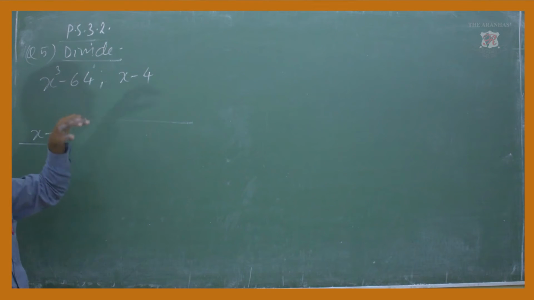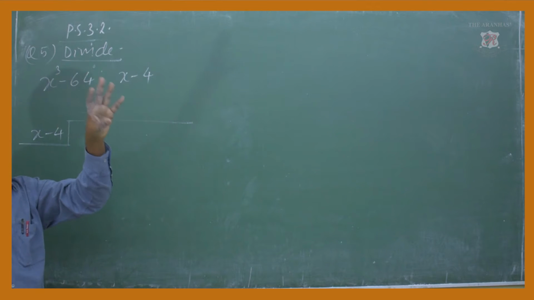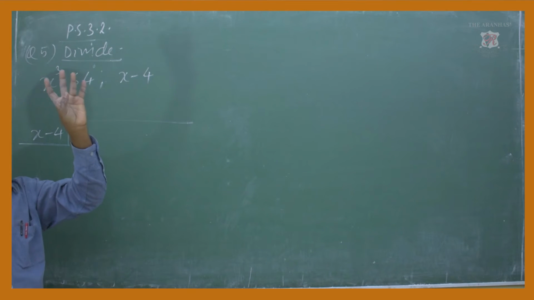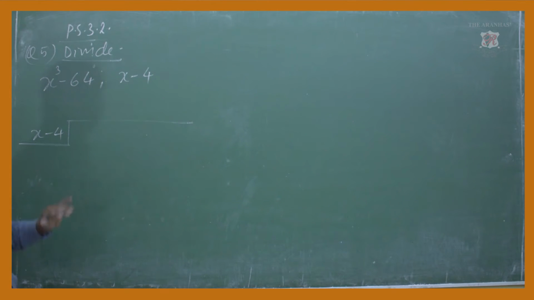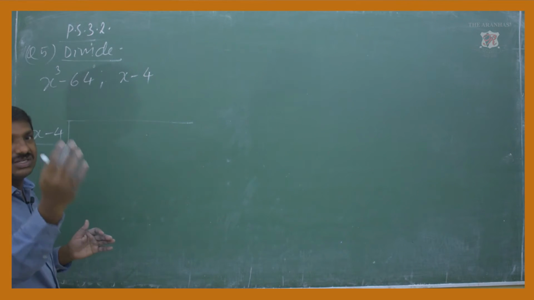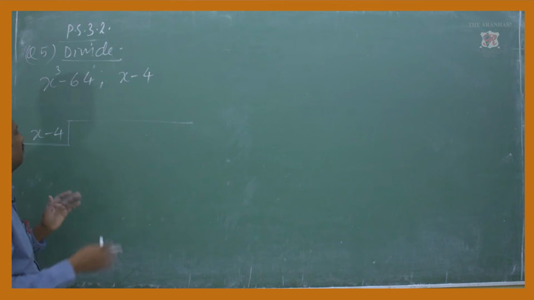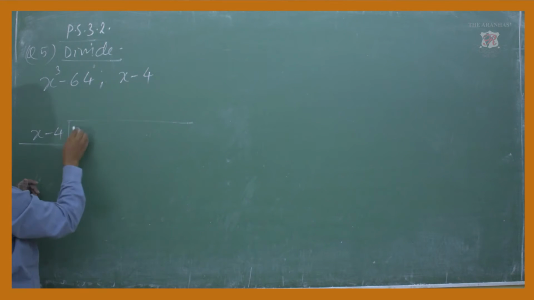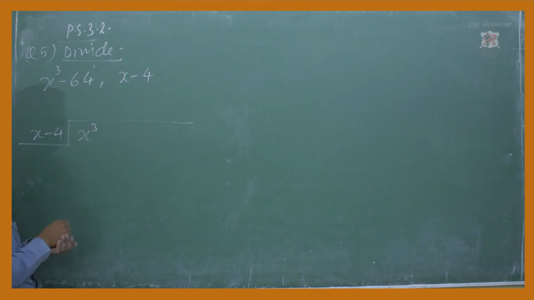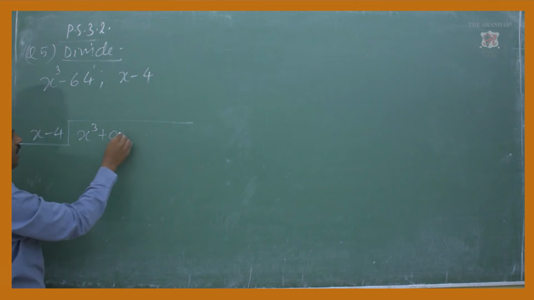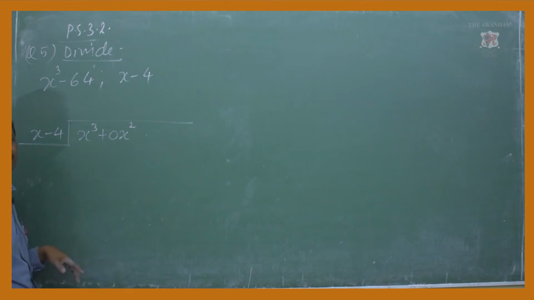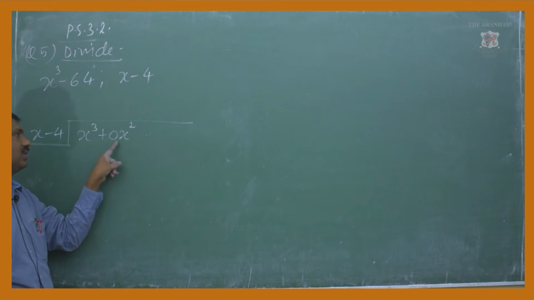There is no index power 2 term and no index power 1 term, so we keep a plus sign and 0 with the variable and degree. The first term is x cube as it is; the square term is not there, so we write plus 0x square. So we made a new term, 0x square.